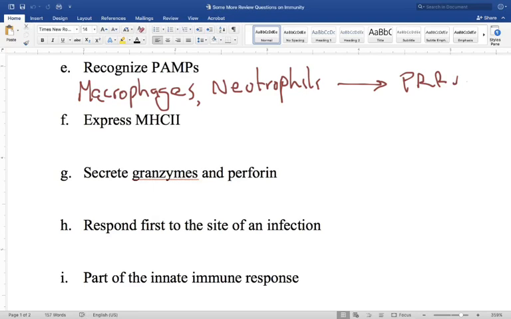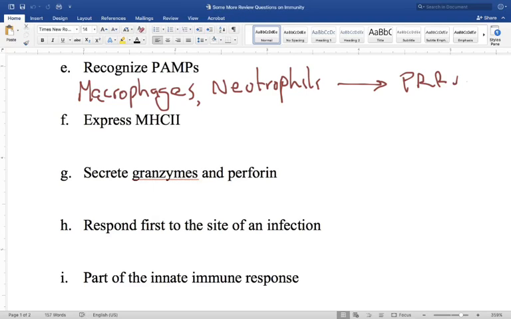Which of these expresses MHC2? In other words, which ones are professional antigen-presenting cells? Macrophages and B cells.